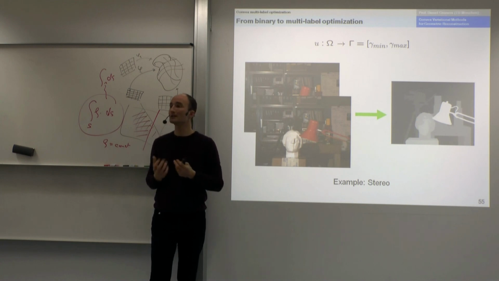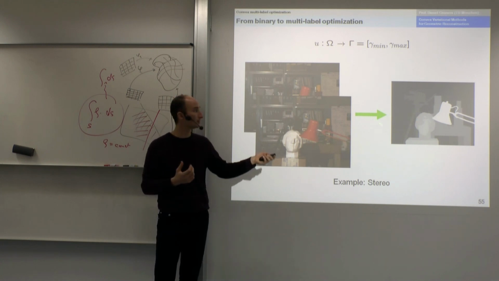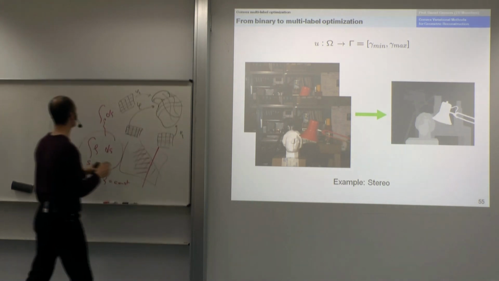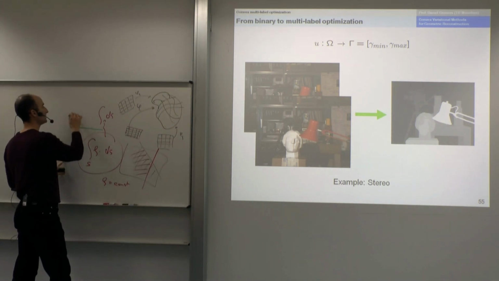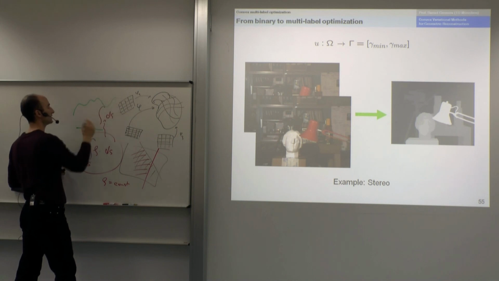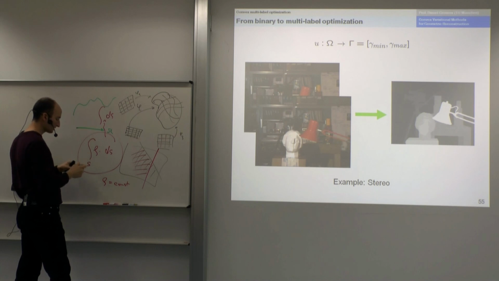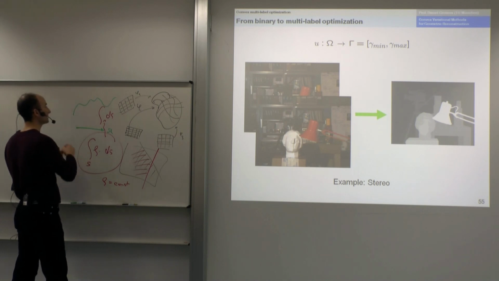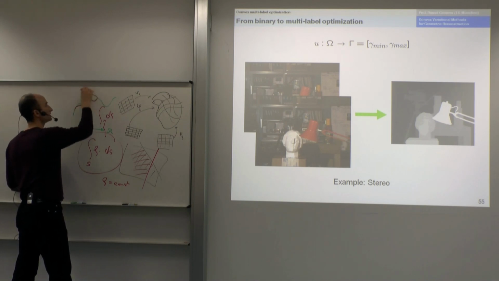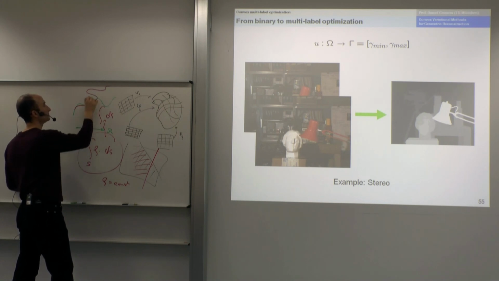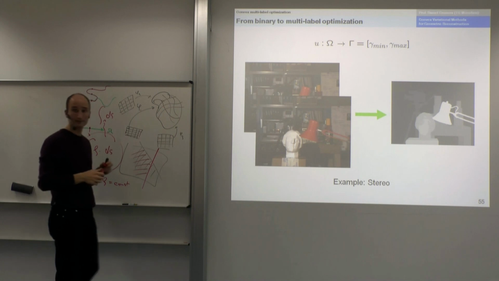But, of course, not any geometry can be represented in this way, right? So if I have the image plane here, and I represent the geometry of this type on my domain omega, then I cannot represent geometries that fold around, such as this one, for example, right? Because that means for a point x, I would have multiple depth values here, right?